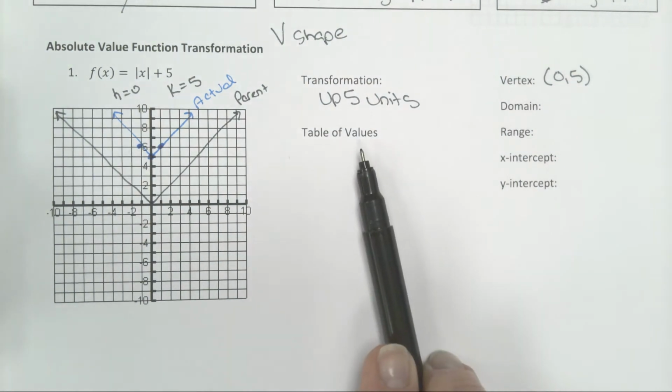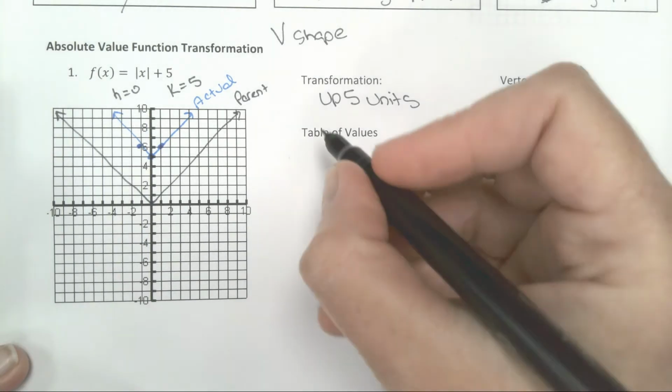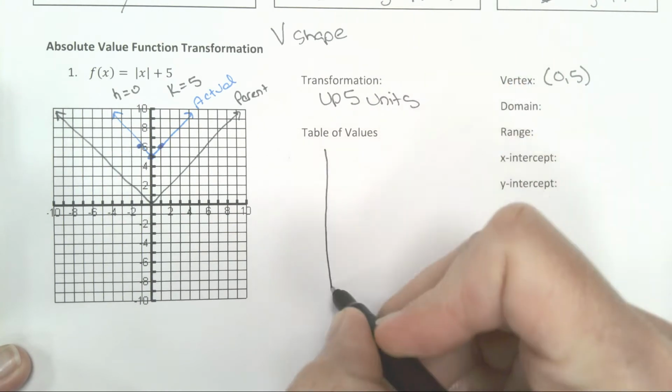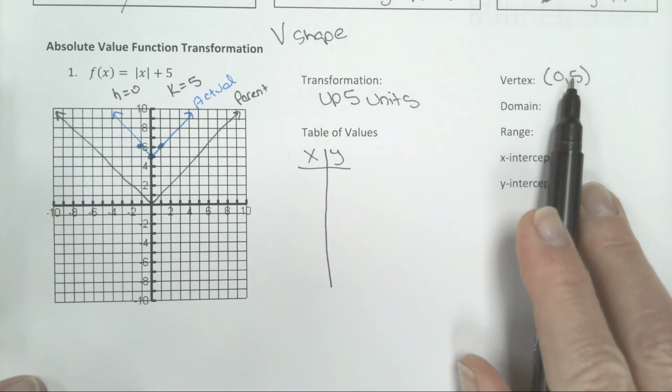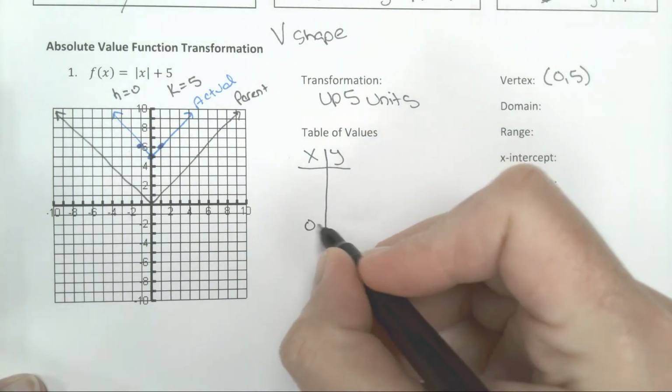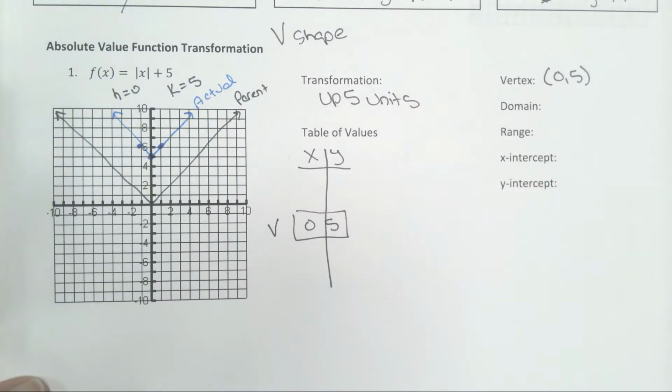I'm going to teach you how to make a table of values to plot these blue points. I always start with the vertex in the middle. So there's my vertex.